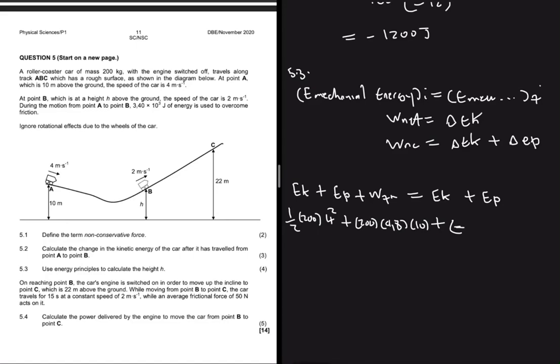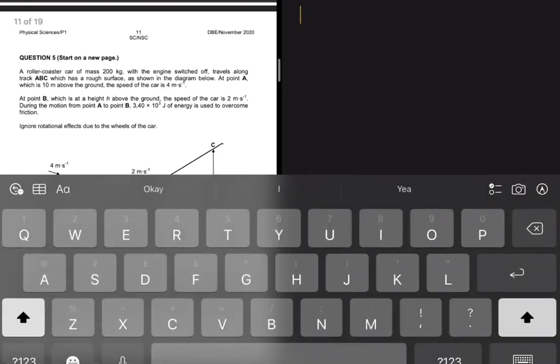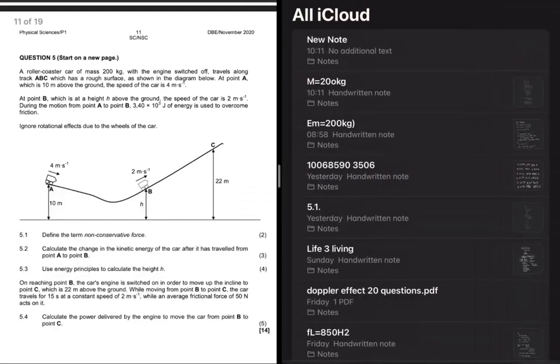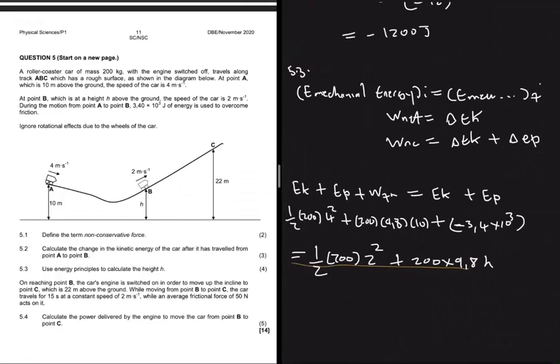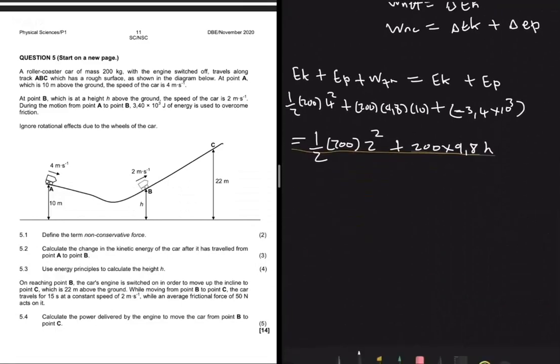So we're going to have minus 3.4 times 10 to the 3 equals EK at point B, 1 over 2, the mass is 200 kg, the speed is 2 squared, plus mgh, the mass is 200, gravity is 9.8, and the height is what we are interested in. So sorry for that, let me just bring that back. There we have it. Let's move ahead.